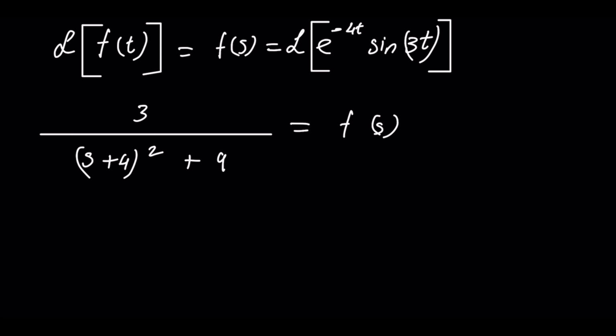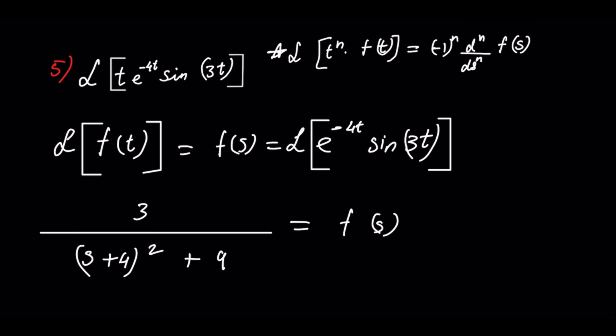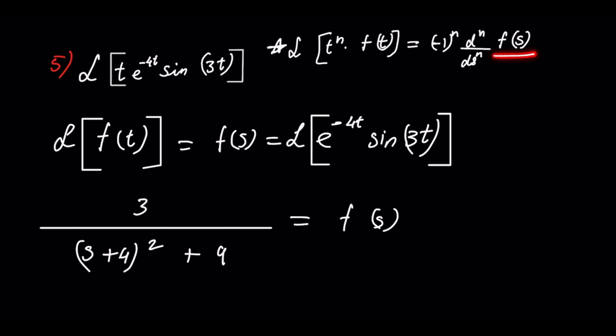Now applying the multiplication with t power n property, we will be substituting f of s here, and the value of n is equal to 1.